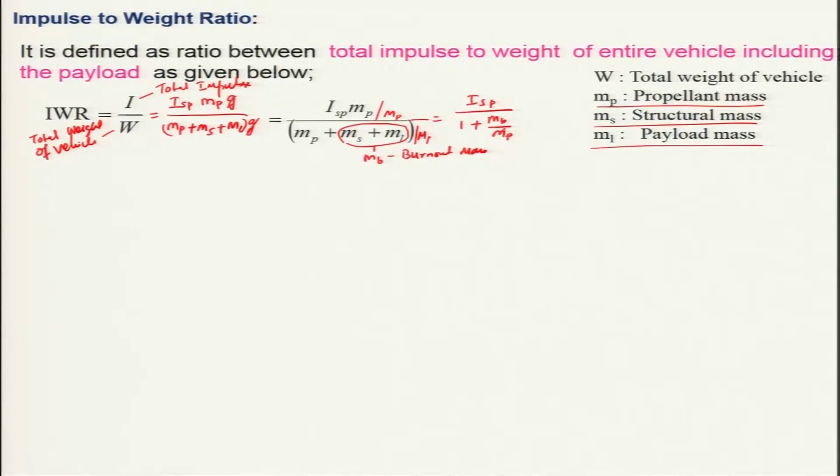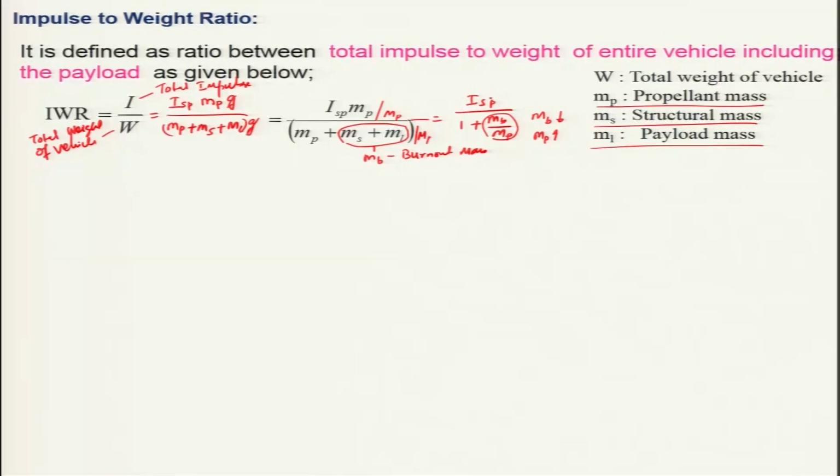Keep in mind that if I want to have a higher IWR, then naturally you will have to reduce this term, MB by MP. Either I will reduce MB, that means the burned out mass or the inert mass would reduce, or I will have to increase the propellant mass.